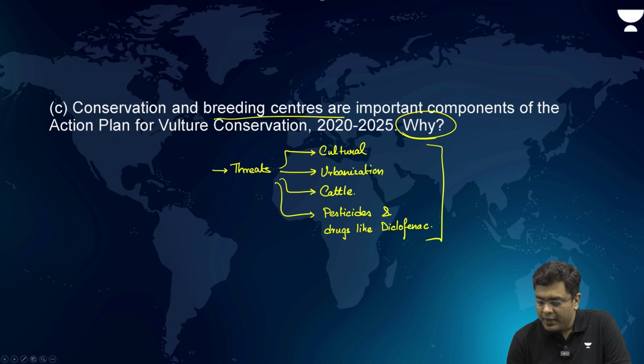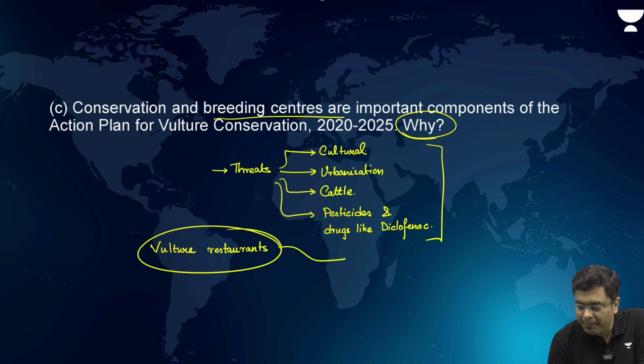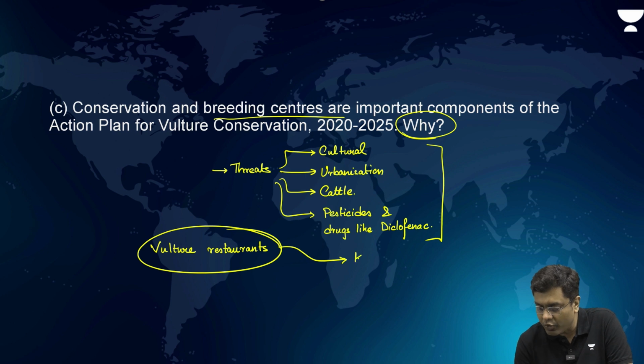Okay. So, then talk about vulture restaurants. These can be, or these are the conservation centers. Give the example, recently set up vulture restaurant at Kodarma. You have the ones in Punjab as well, Maharashtra as well.